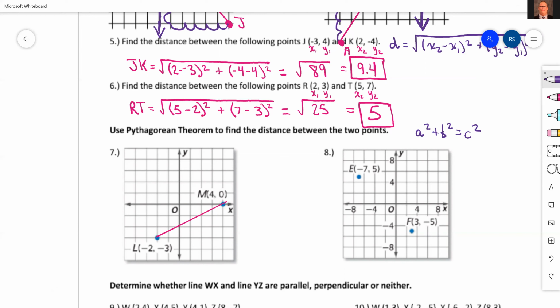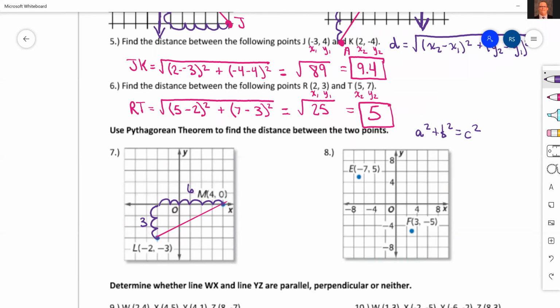Well, how much did I go up? 1, 2, 3. So that's going to be 3. How much did I go over? 1, 2, 3, 4, 5, 6.